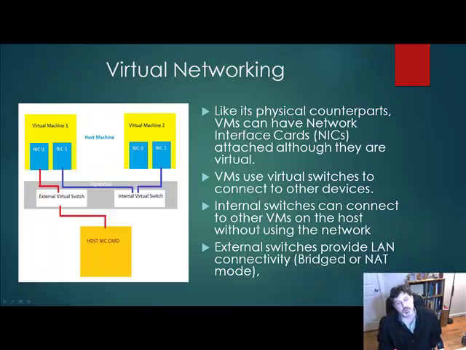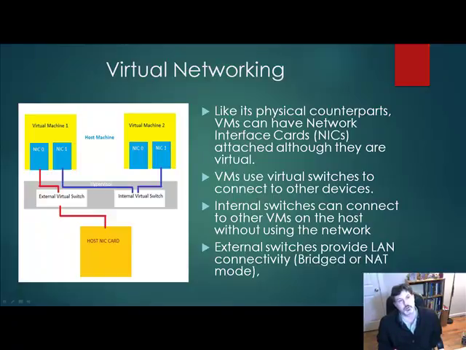For one thing, we can enhance security for virtual machines because the traffic from the virtual machine will not touch the network. So I could theoretically set up two virtual machines as I've done on this diagram here, and if I remove the external virtual switch, I could disconnect it from the LAN and still allow these two virtual machines to interact and see each other in their own little virtual network, which is, when you think about it, really cool.